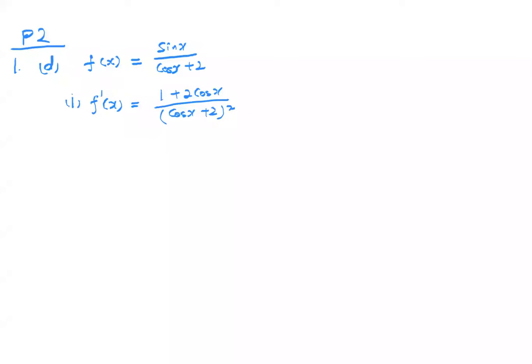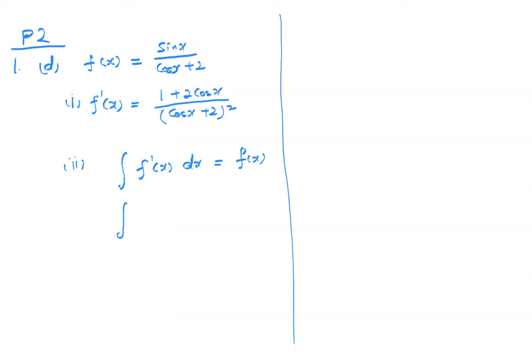Okay, so now look, for part 2, I always start from this concept. Okay, so I write down integrate 1 plus 2 cos x over cos x plus 2, the whole thing squared dx.